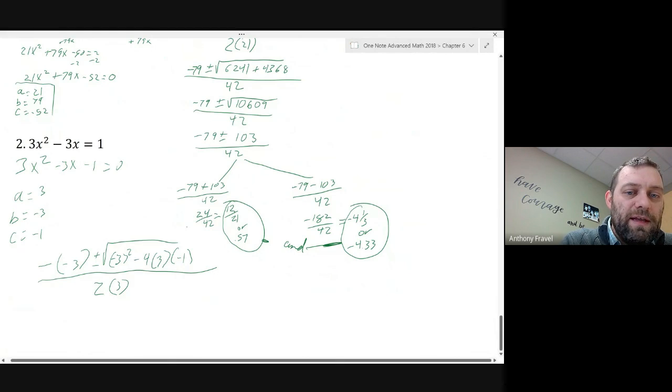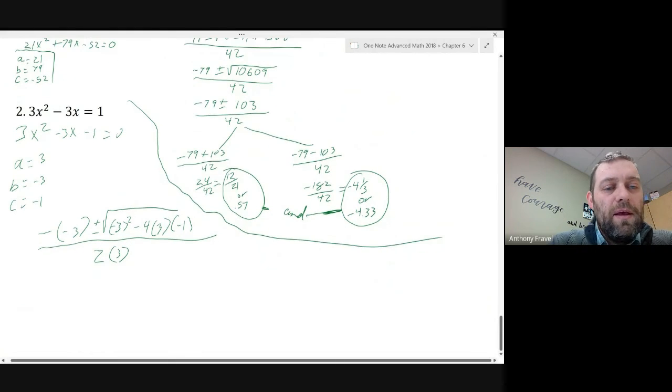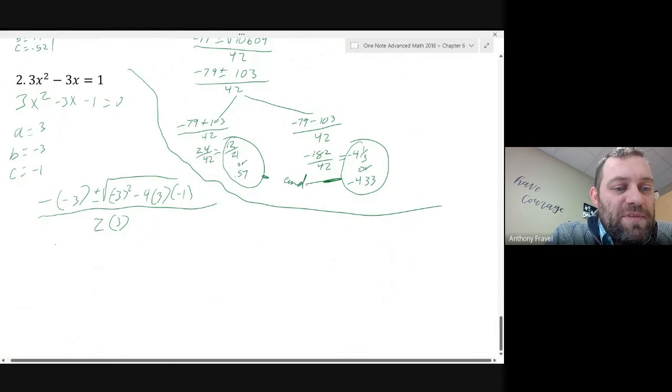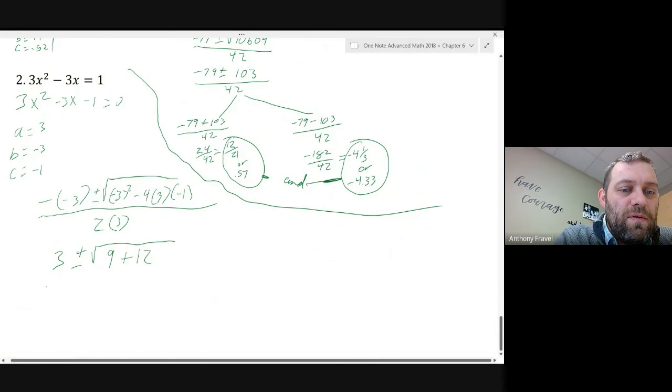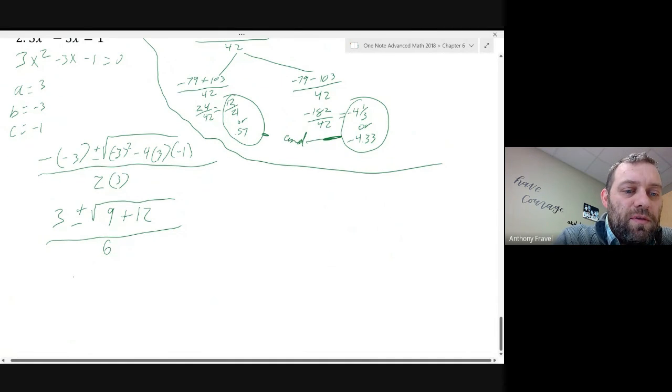You kind of make a little line here to show this is where that one ended. All right, so negative times a negative turns into a +3 plus or minus the square root of 9 plus 12 over 6. All right, I'm going to simplify this one down a little bit more to 3 plus or minus radical 21 over 6.